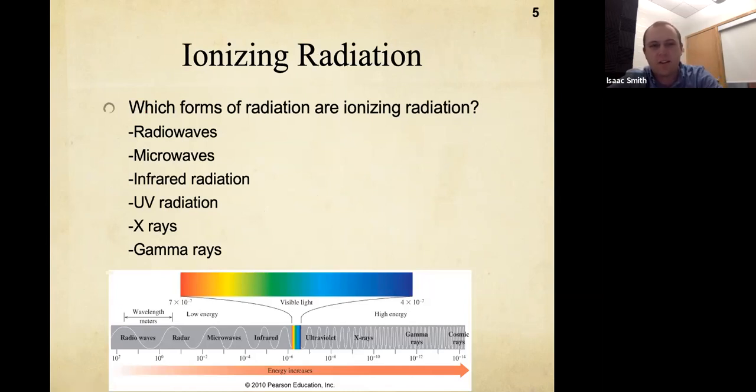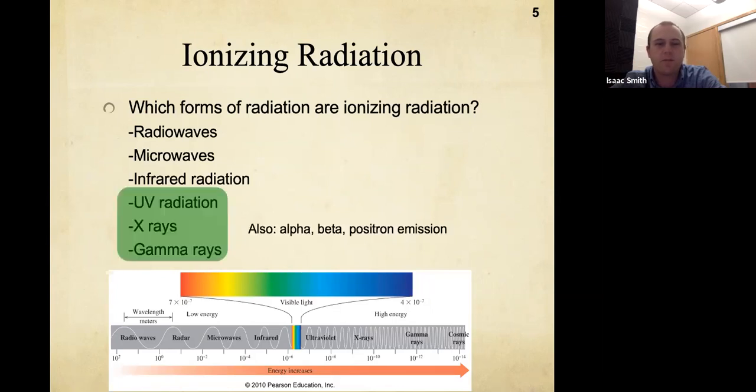So ionizing radiation, there's a whole spectrum, right, of different waves here that we're exposed to. But the ones that we're really worried about for ionizing radiation are UV, right? The sun, we know, can cause issues. X-rays and gamma rays.